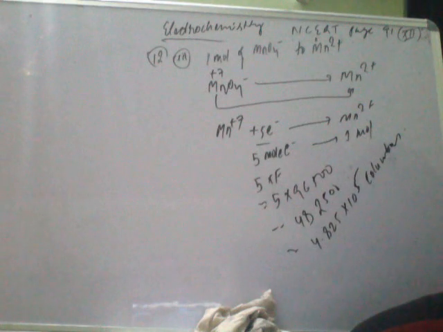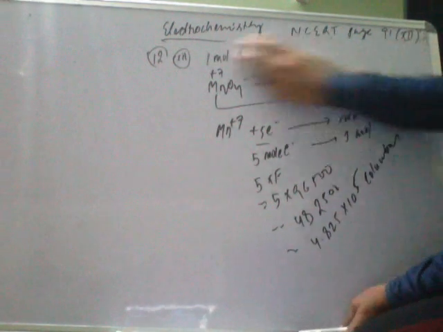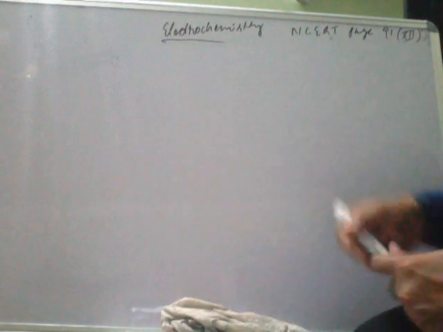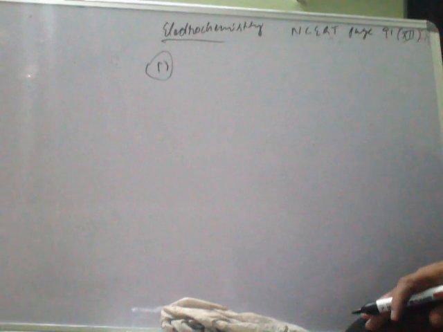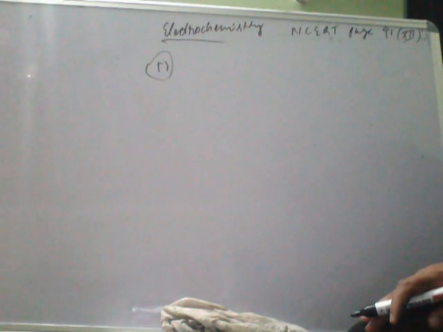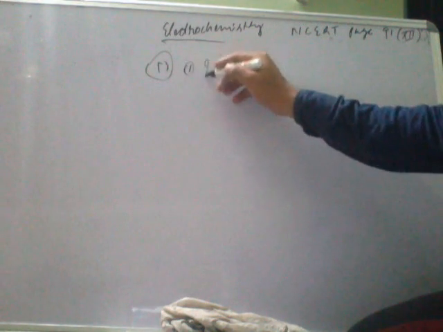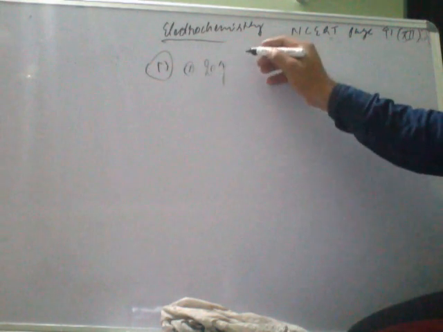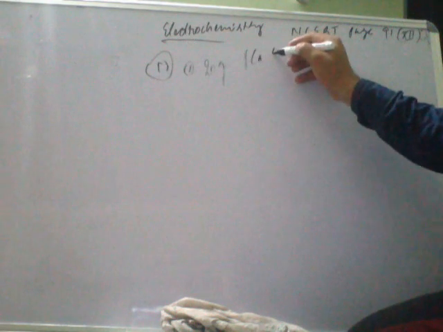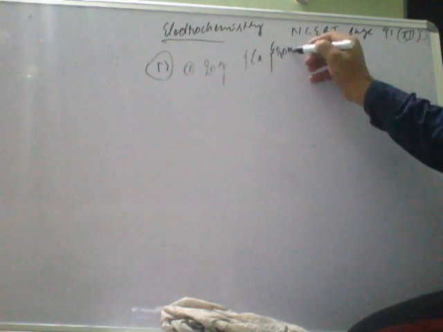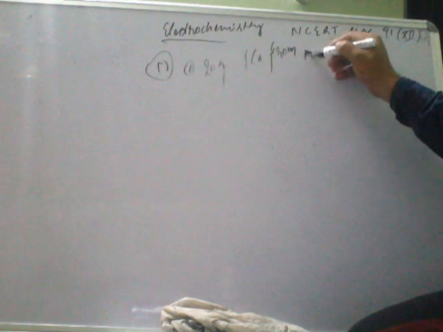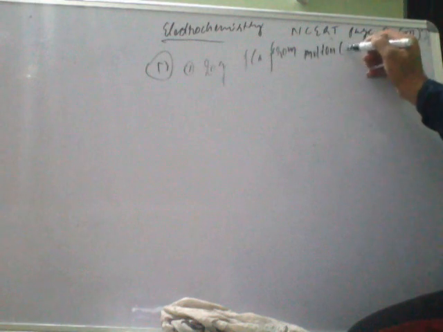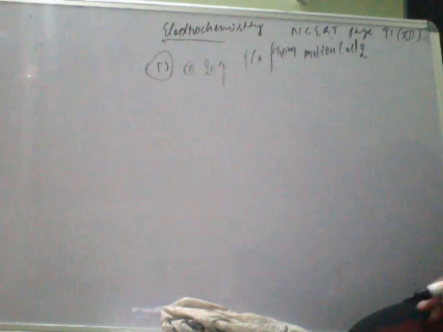Now come to question number 13. What question number 13 is saying is how much electricity in terms of Faraday is required to produce 20 gram of calcium from molten CaCl2, right?